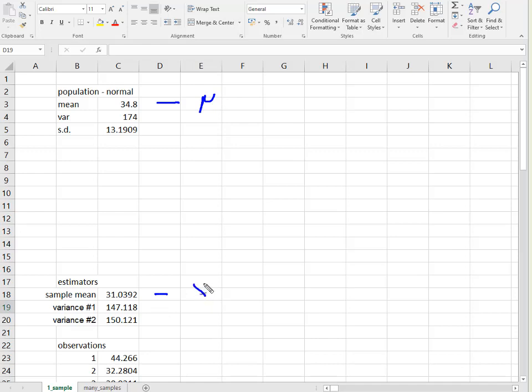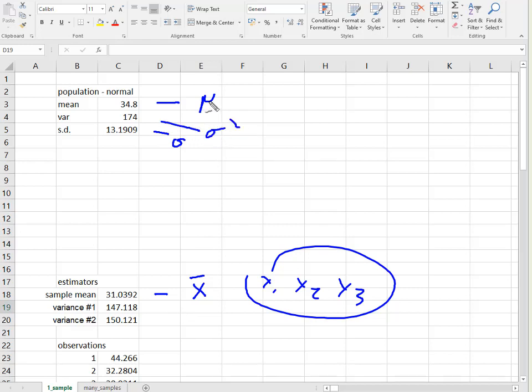The sample mean is usually referred to as this. If you've got your x1, x2, x3, your sample, this is the mean of these. Similarly, the standard deviation or the variance is known as that, and that's known as this. These apply to the population. We need to get some estimators that will estimate these. So the first is the sample mean.